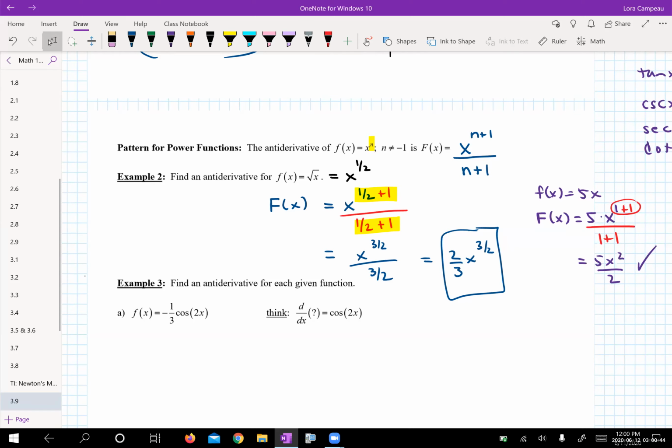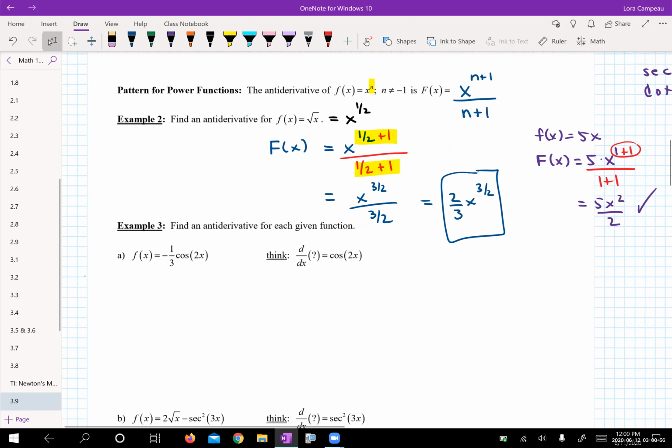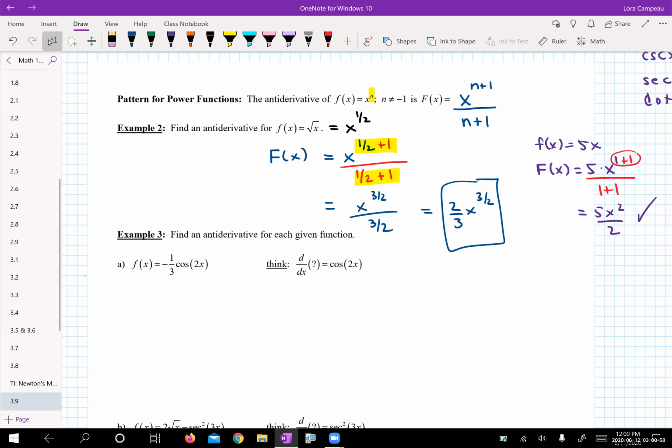So I think you're ready to play around with a little bit more complicated examples. So we're going to look at example 3. And part A, we need to find the antiderivative, or an antiderivative. So be careful of the difference between the beginning of the chapter and chapter 2.